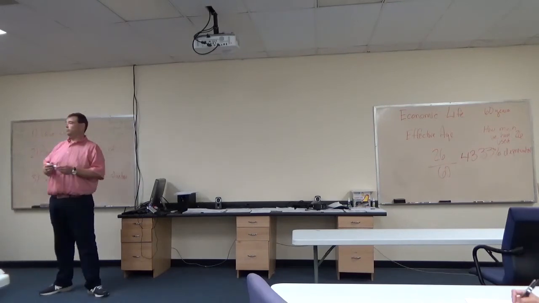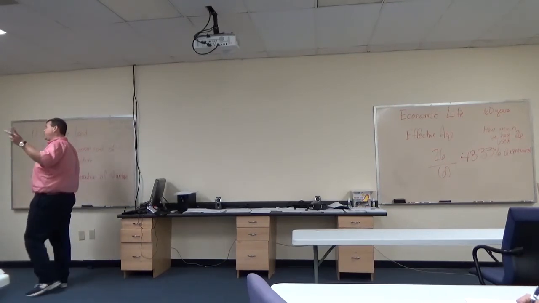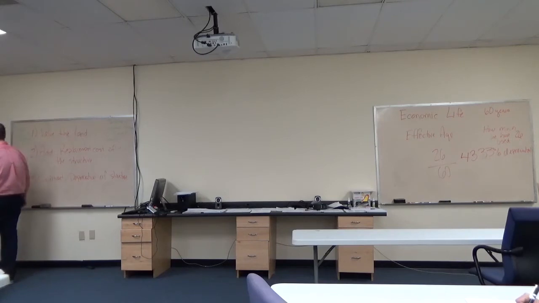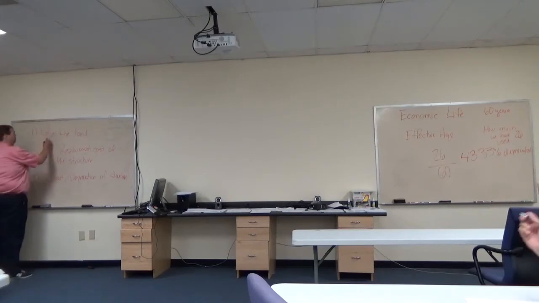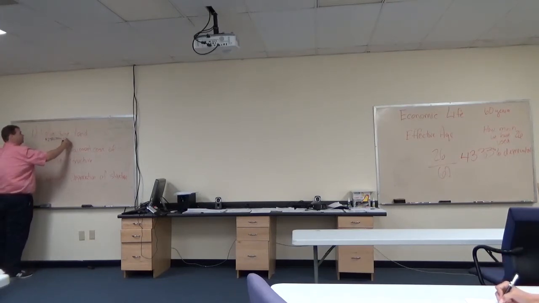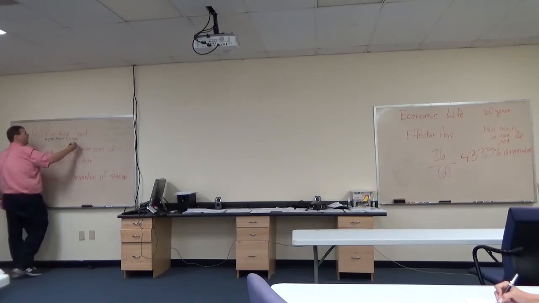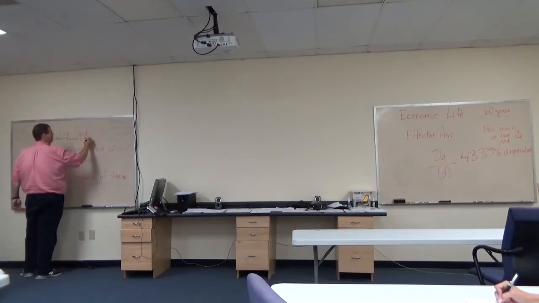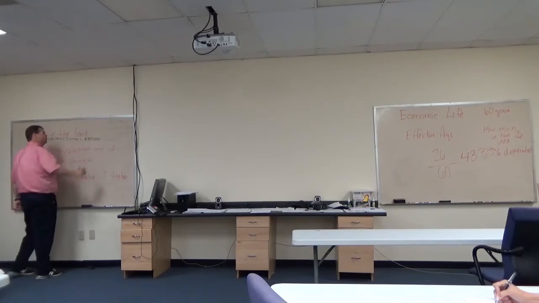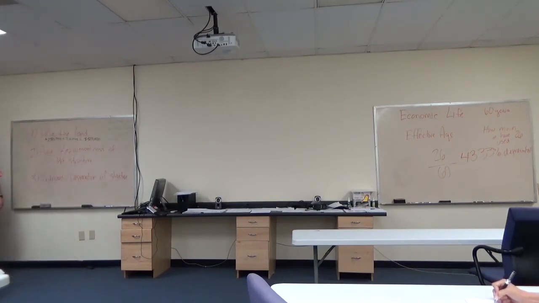What do they tell us about the land? It is how many acres? 2. And land is valued at how much per acre in that area? $250,000. So $250,000 per acre times 2 acres. I've got a land value of $500,000.